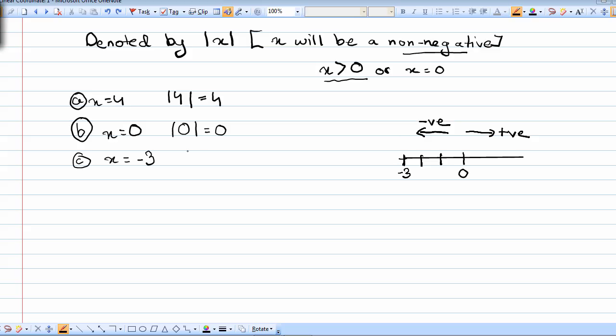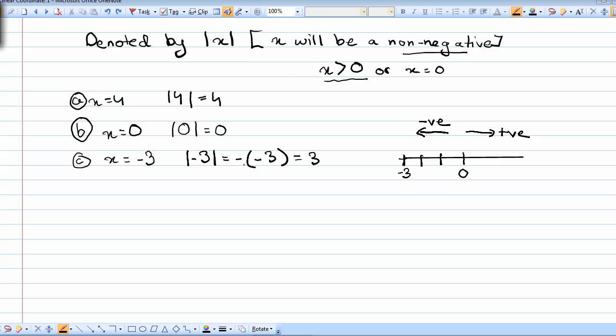So what will it do? It will give us something like this. If we apply the absolute value of minus 3, it will give us 3. Because always remember that when we say the absolute value of x, it will always mean that the number will be non-negative.